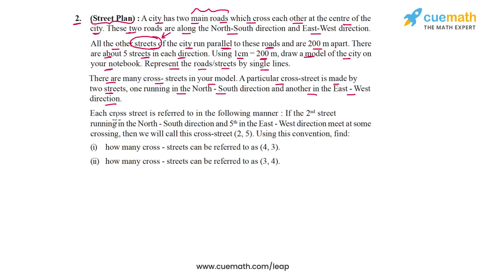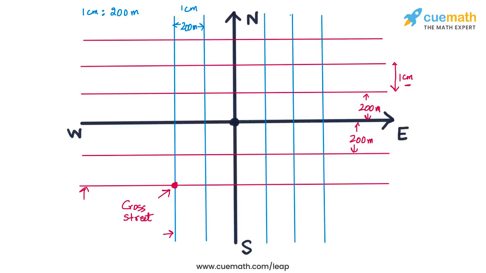Okay, so what does the problem say? It says each cross street is referred to in the following manner. If the second street running in the north-south direction and fifth in the east-west direction meet at some crossing, then we will call this cross street 2, 5. So let's see what this means. We'll have to number all the streets. So let's number the east-west streets.